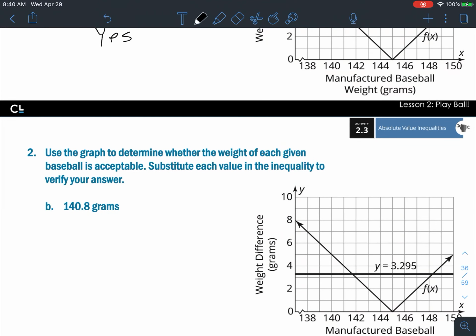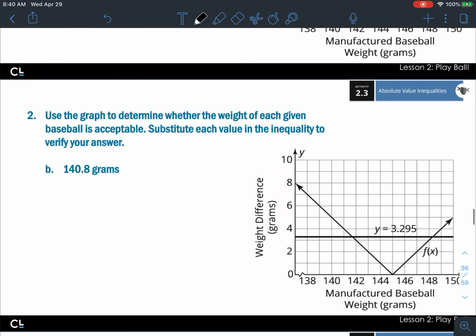We're going to get through B, C, and D, and then we'll call it a day. 140.8 grams. So once again, 140.8 minus 145.045 less than or equal to 3.295.